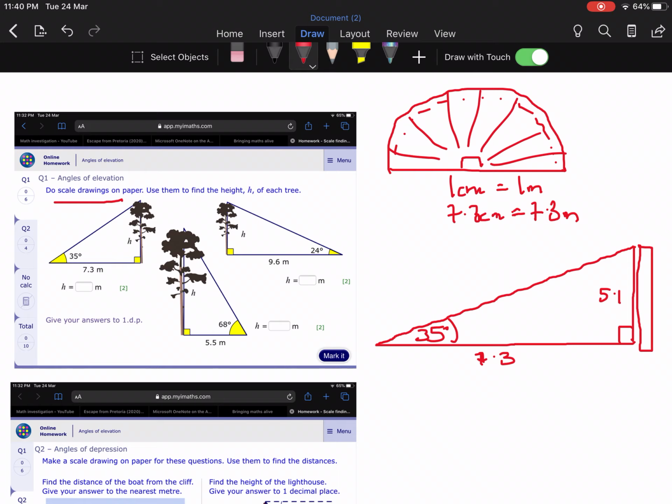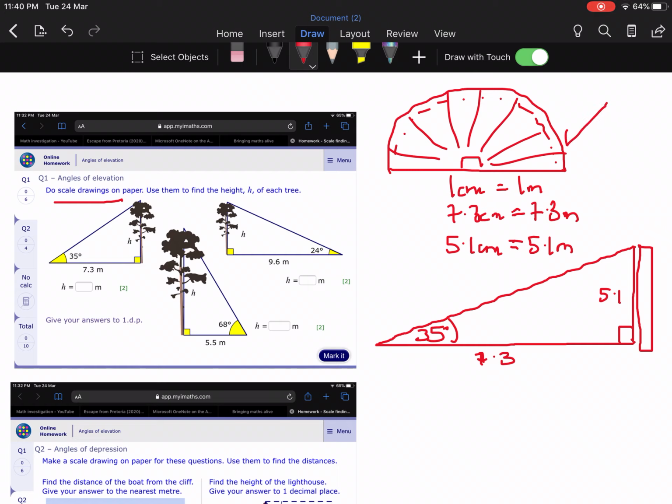So what I have to do is then go back to this and say, well, if it's 5.1 centimeters, what is it in meters? Well, it's 1 to 1, so it's also going to be 5.1 meters. So that's basically how you do these.